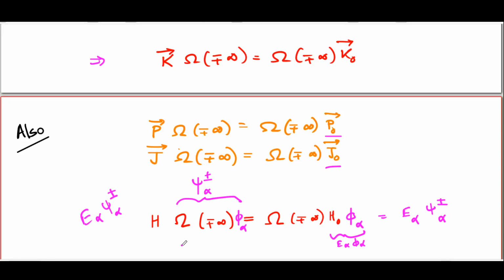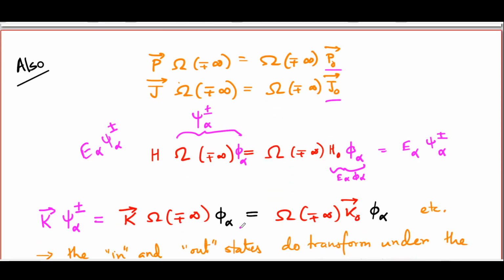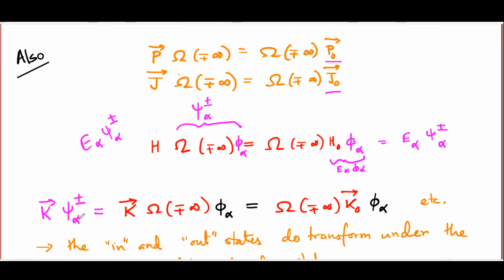Now we have seen what all of these equations mean when we talked about what this equation involving H and H0 did when you applied both sides to phi alpha. But just to see it in a slightly non-trivial context, what does this tell us about K's action on the in and out states? K acting on psi plus minus alpha must be K acting on omega minus plus infinity phi alpha. That's of course what psi plus minus alpha is. But because if you were to interchange these two, K would change to K0 according to the relation we had just found out, we will get this.